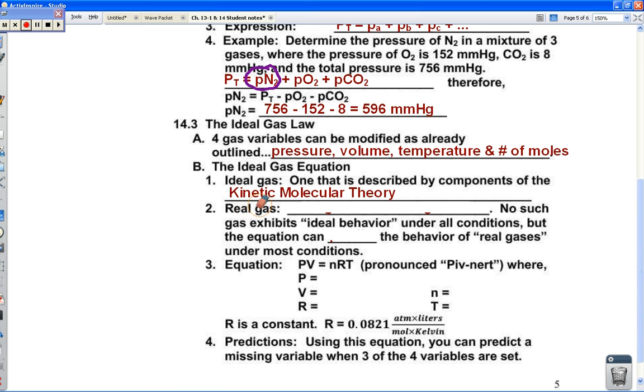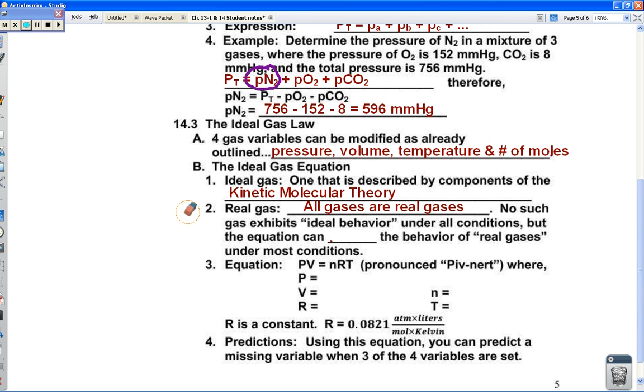However, real gases are what we have to deal with in real life. All gases are real gases. There are no ideal gases. The closest thing to it is helium, but that's about as close as you get. It still has some behaviors.